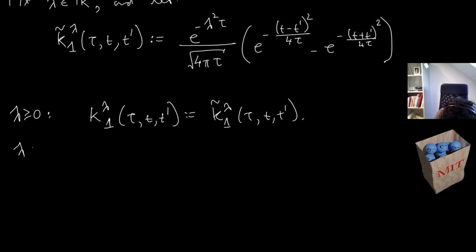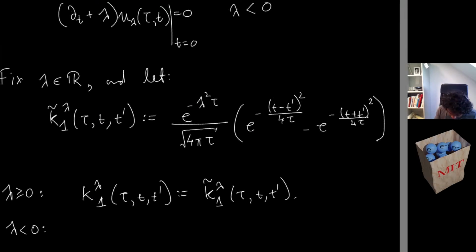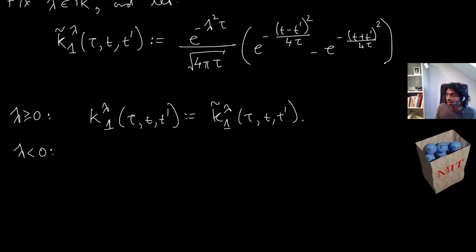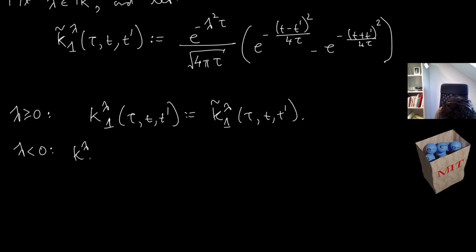And when lambda is negative, when it has to take that particular form, when it has to solve this eigenvalue equation, we have k lambda 1 tau t prime. So the first parameter is actually this fella over here, but we take a negative lambda now. And of course it doesn't matter because the lambda squares anyway, so whether we use a negative lambda or a positive lambda, it doesn't matter, but just for sake of impression, let's leave it at that.